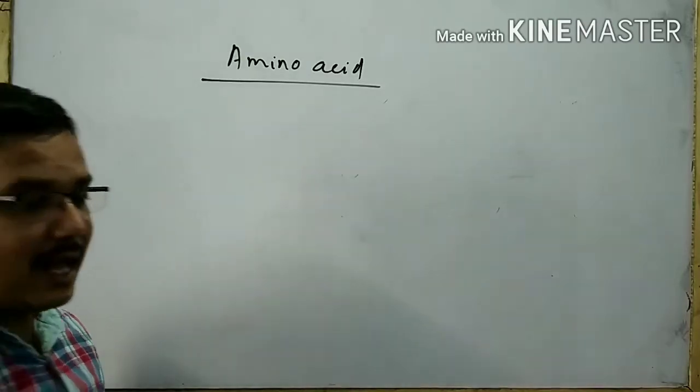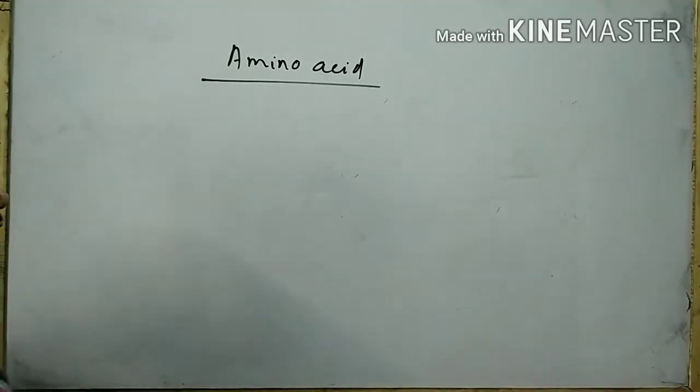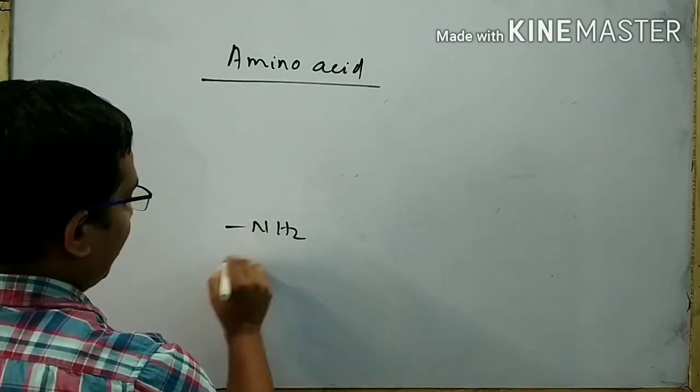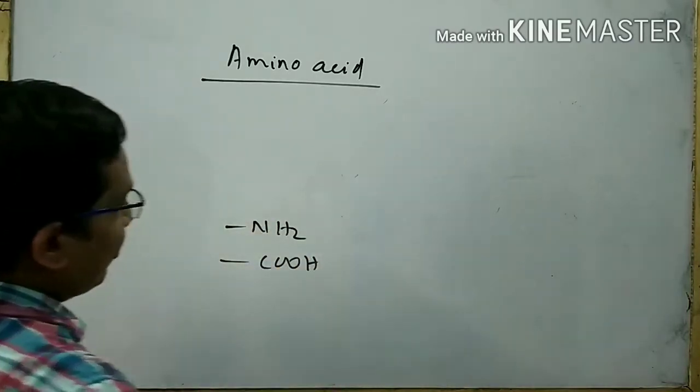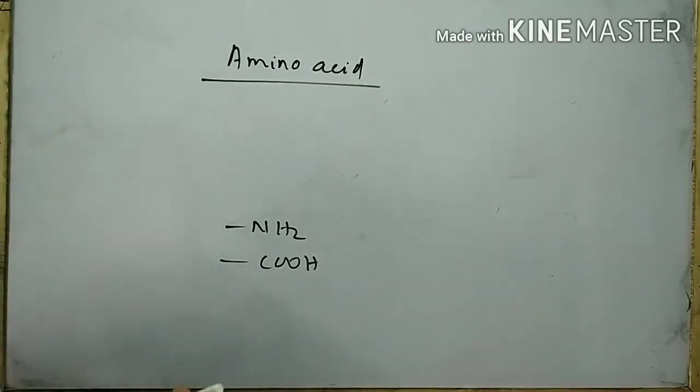Amino acids are organic compounds which contain both an amino group and a carboxylic group. If an organic compound contains both NH2 and COOH, then such organic compounds are considered amino acids.